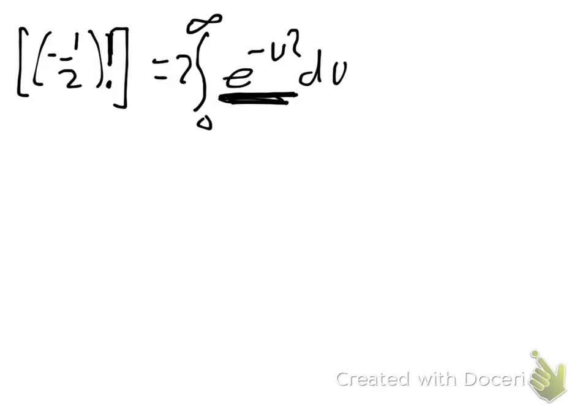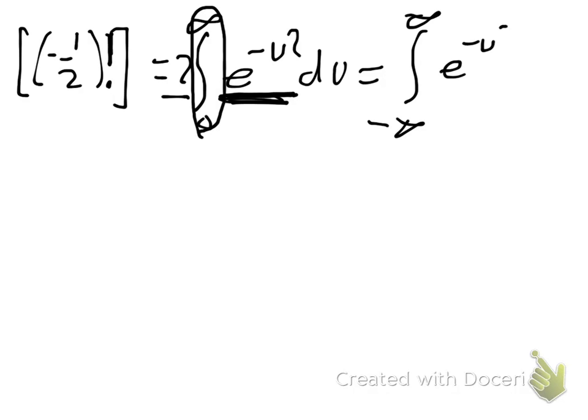So if you plug in a positive number, or if you plug in the negative, it's the same. So when we say that this is twice what happens when you integrate over all positive space, then we can just write that as the integral from negative infinity to infinity of e to the minus u squared du.